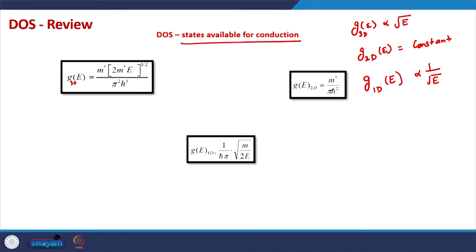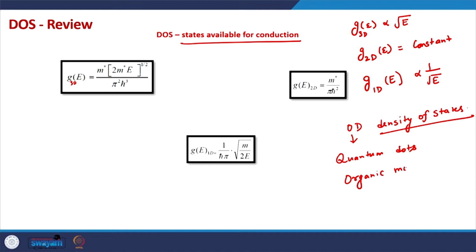At the end of the last lecture, I asked you to think about 0D density of states. What would be the density of states for a 0D material? A 0D material is a material in which electrons are confined, like they are confined in an atom or in a molecule. Examples of 0D materials are quantum dots, as I have repeatedly discussed, and organic molecules.